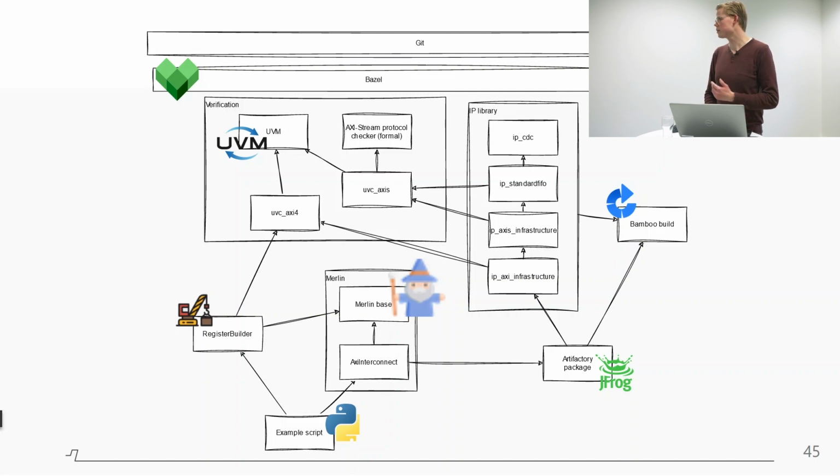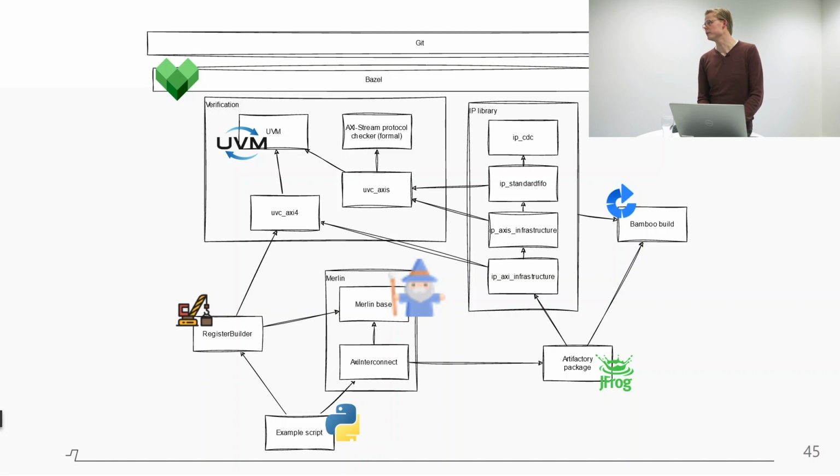And AXI interconnect takes data from Artifactory, which is coming from Bamboo, and it uses stuff from our RP library, where our AXI infrastructure is dependent on several other libraries, and they're all dependent on all the simulation stuff we made, so the UVCs for AXI4 and AXI Stream, for example. And the AXI Stream UVC also integrates our formal protocol checker. And all that is based on UVM, and then again everything depends on Bazel, and even more depends on Git. So this basically gives you an idea how everything fits together.